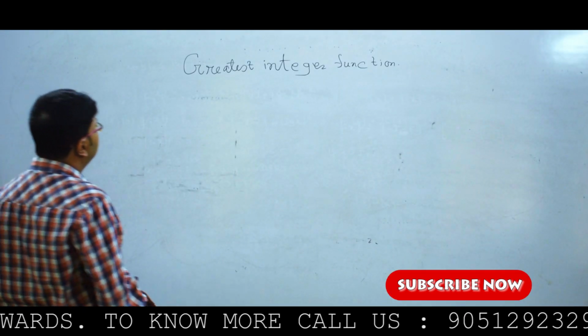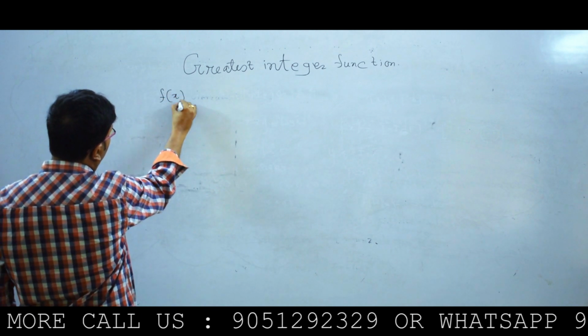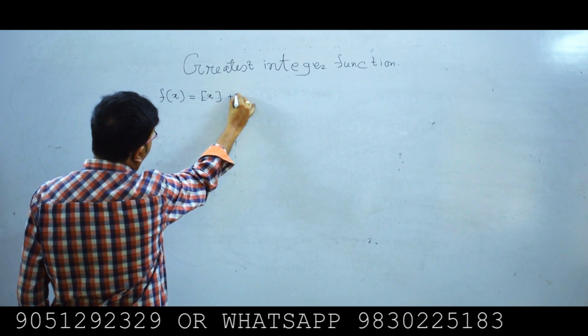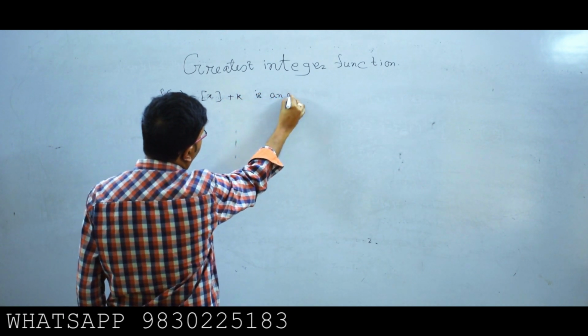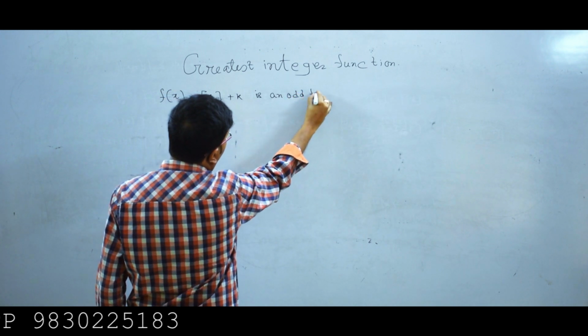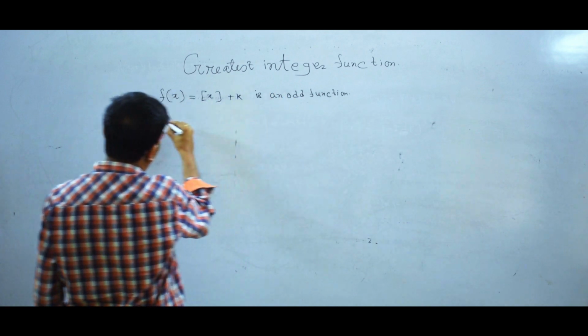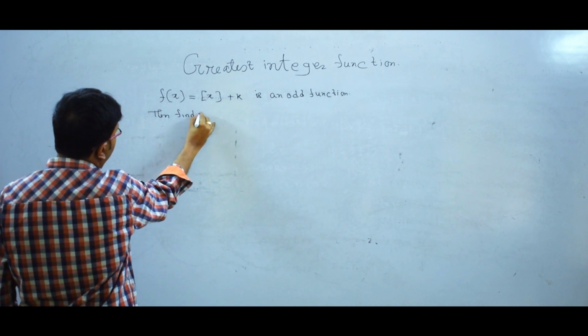One question. Suppose it is given that f(x) equals box x plus k is an odd function. Then find k.